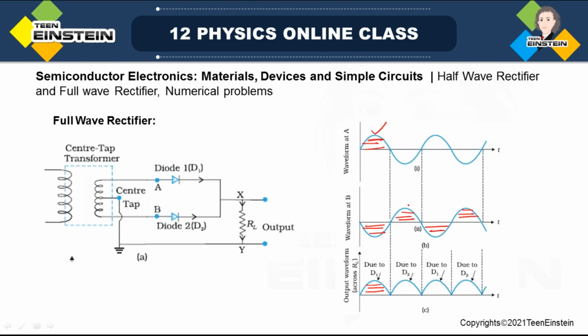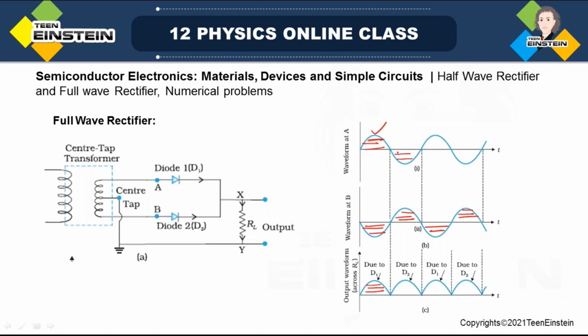That means they are in opposite phase. The input waveforms at A and B are in 180-degree opposite phase. So when A is positive, B is negative, so only D1 is conducting.